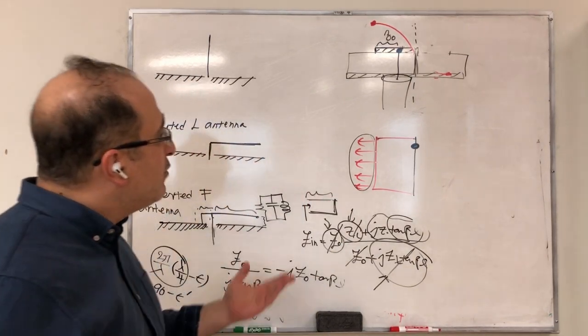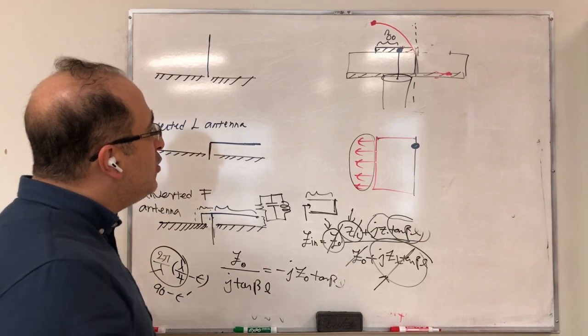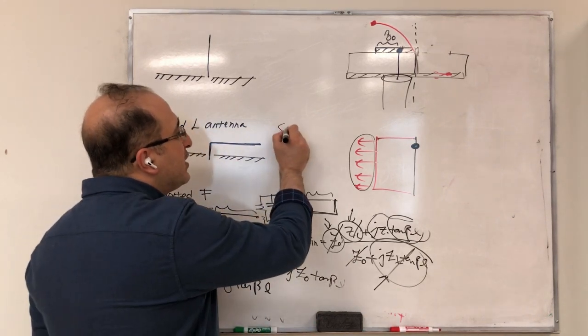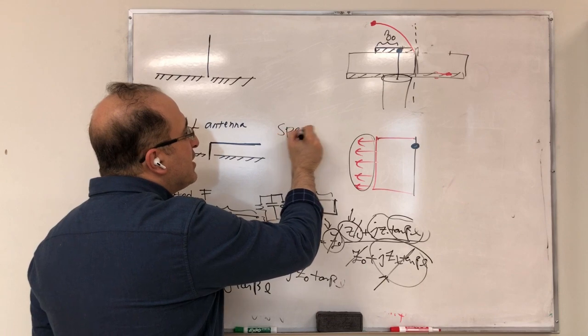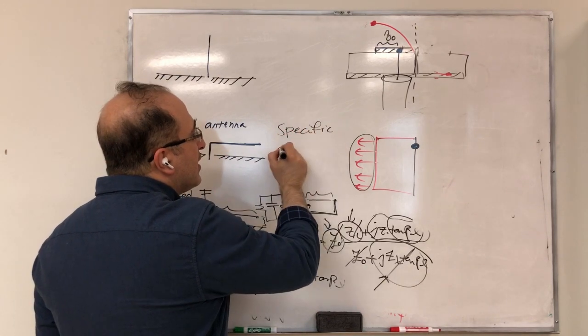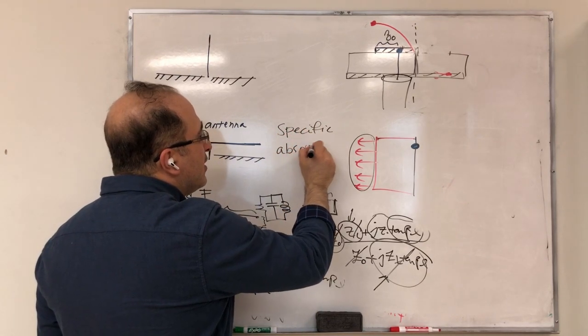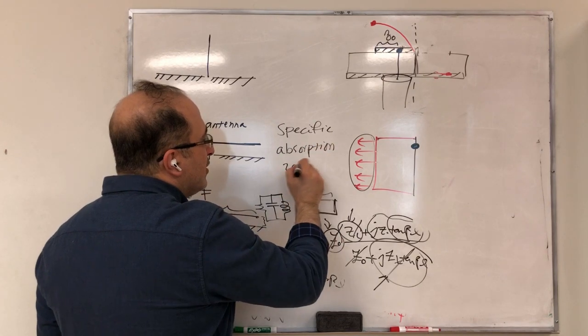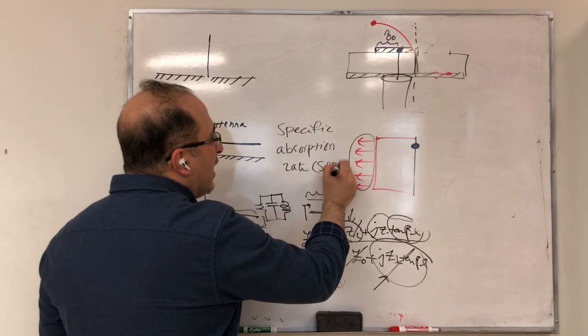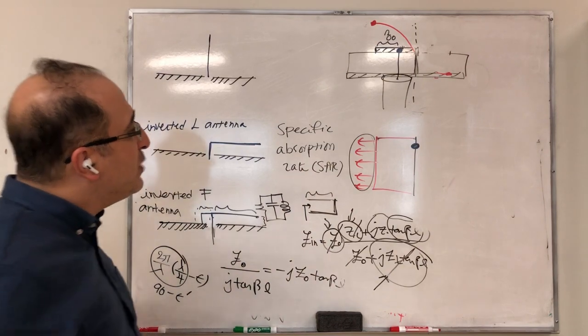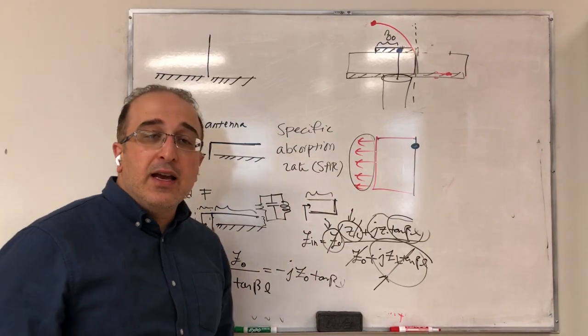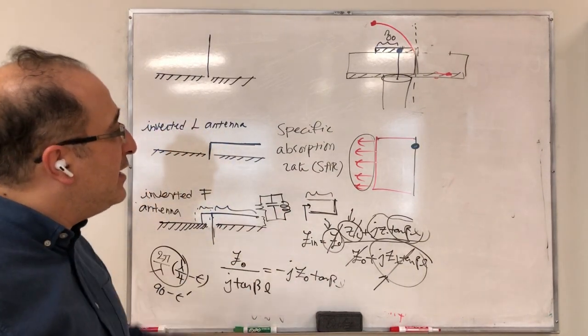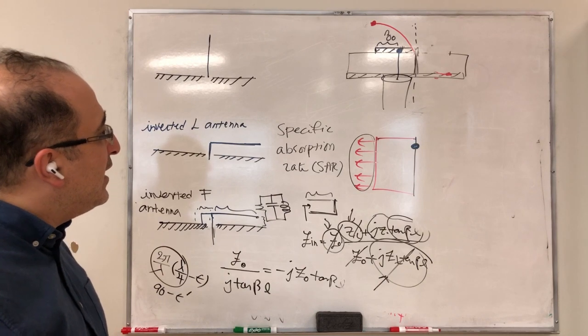For example, for wireless communication, you need to satisfy a safety criterion named specific absorption rate, or SAR. So these two antennas would be different in terms of specific absorption rate when they're radiating into the body.